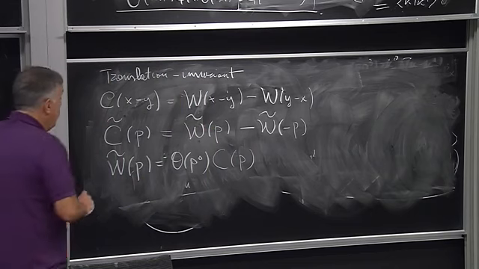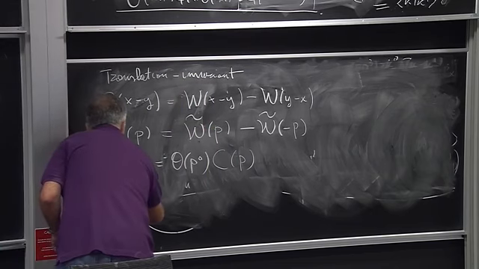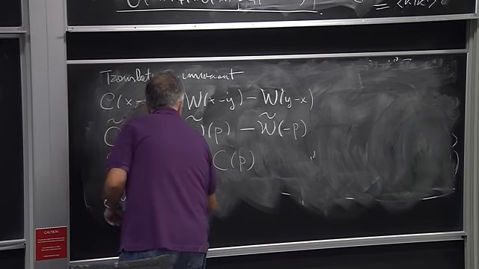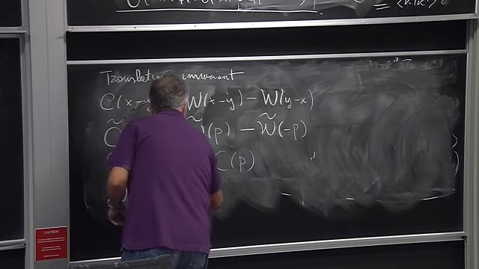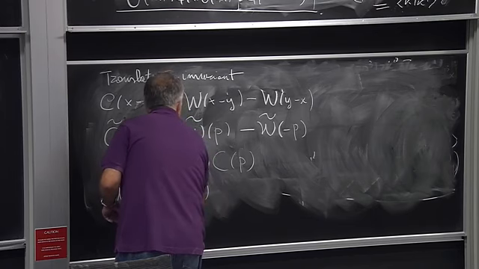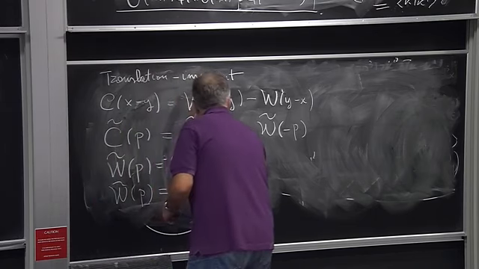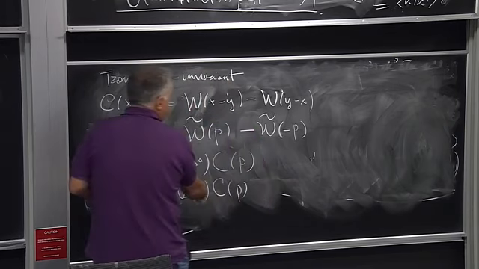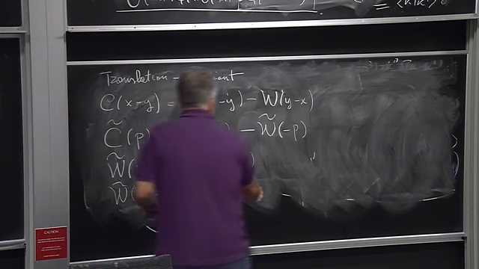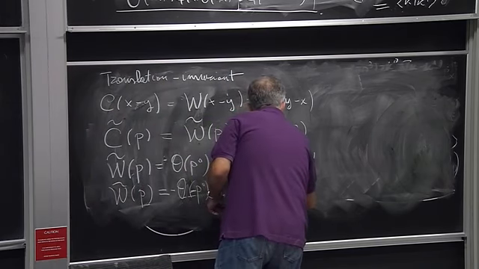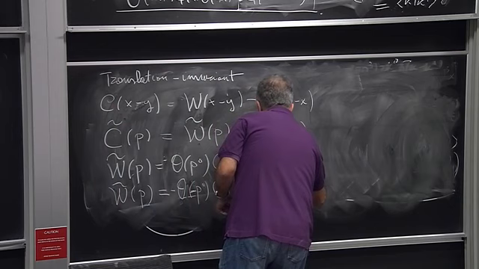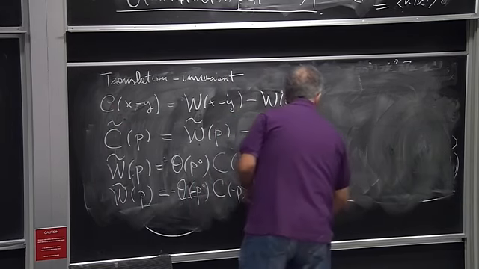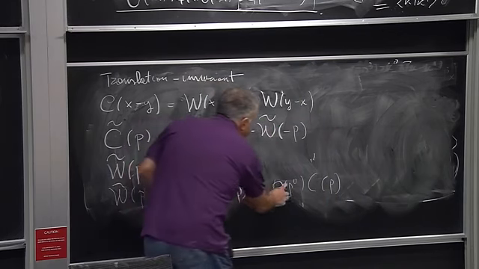While W of minus p was theta of minus p0 times the commutator, but the commutator is antisymmetric, so this was minus theta of minus p0 times the commutator.